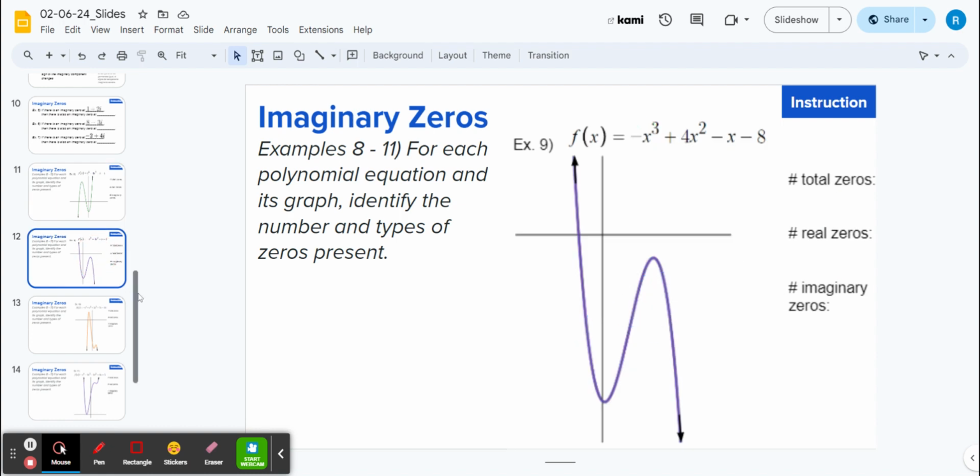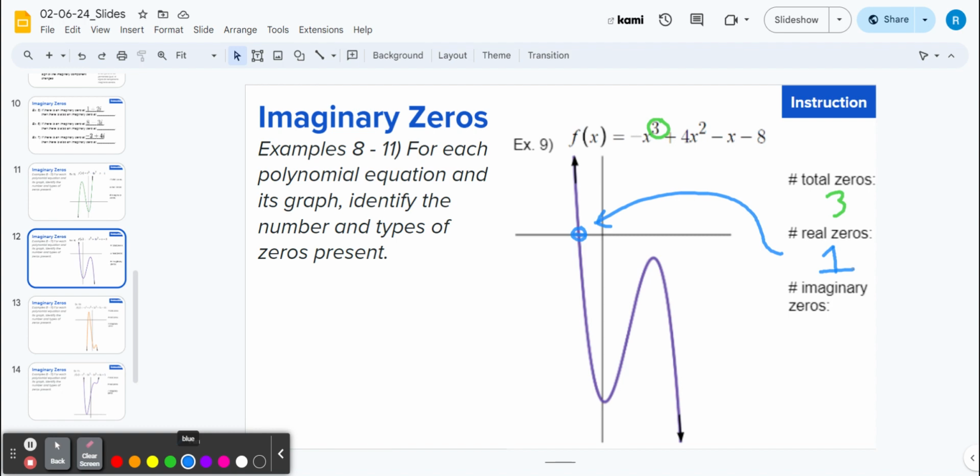Let's take a look at what having imaginary zeros looks like then. In this example, we also have a degree of 3, so we are expecting to have 3 total zeros on our graph. However, if I look at this graph, I'll notice that I only crossed the x-intercept once, right? So I only have that one real zero that we can see.